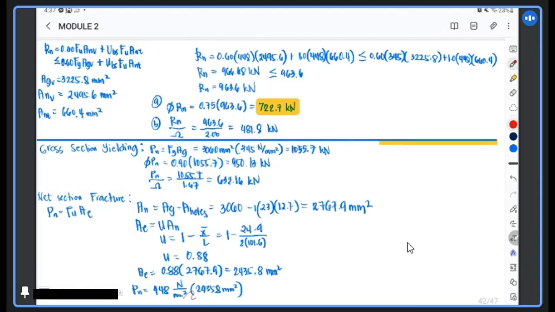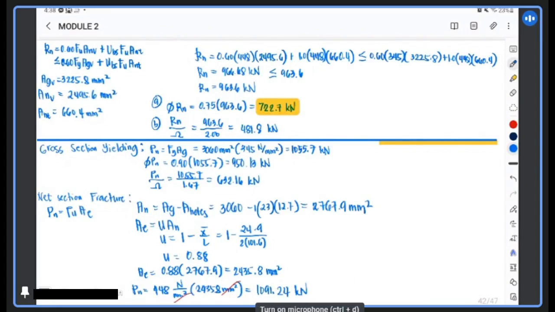So the mm squares are cancelled. What remains is Newton, but you have to divide it by 1,000 to express it in kilonewton. Answer: 1091.24. Please correct me if I'm wrong.